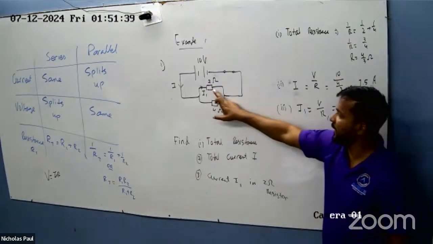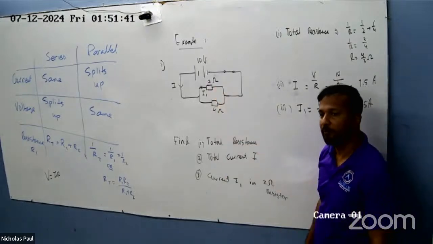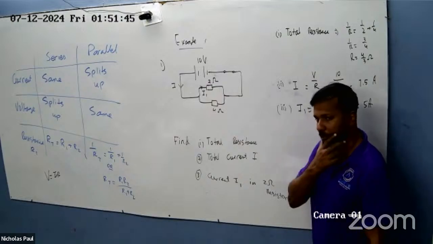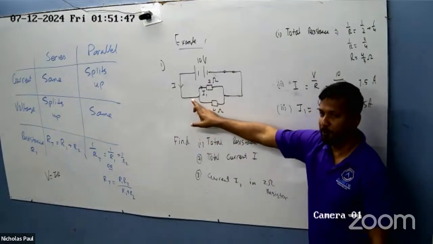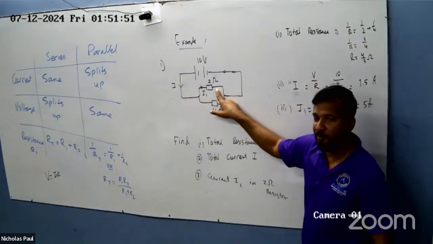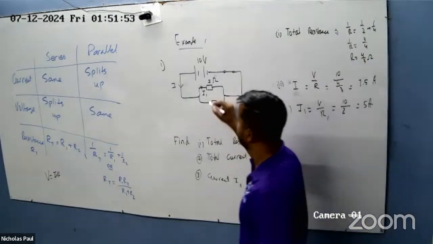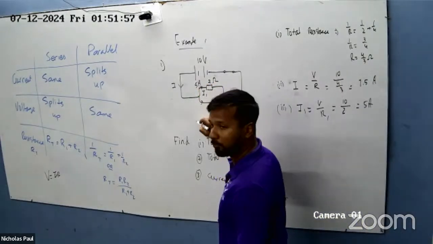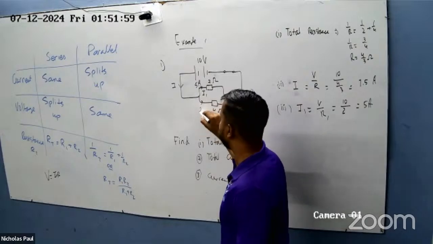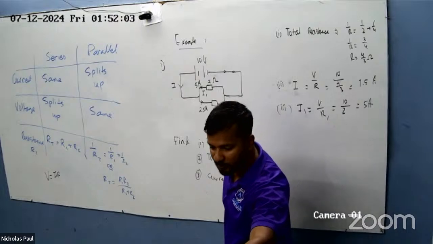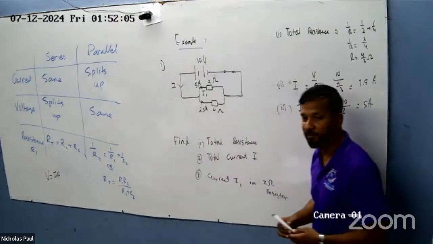If here is 5, how much is here? The total being supplied is how much? So if here is taking 5, here is taking how much? 2.5.